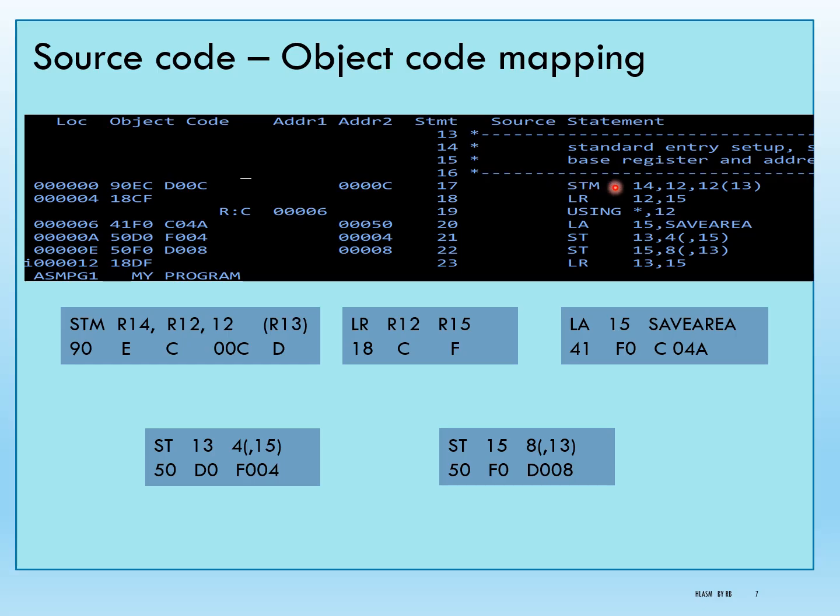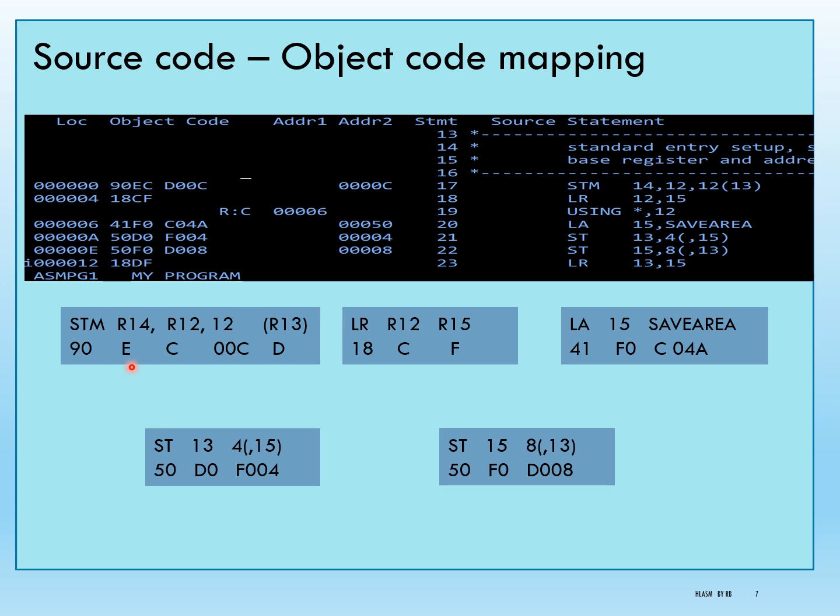Here you see this command STM 14,12,12(13). If you remember, in my entire class 2, I kept on telling this is how the object code looks like. So let me explain this here. STM is store multiple and its opcode is 90.